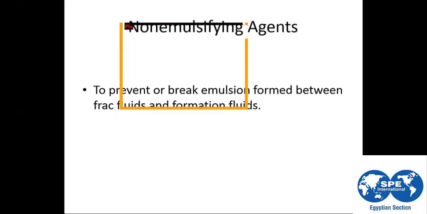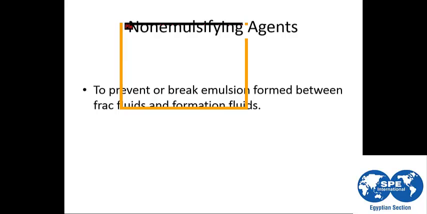We know that an emulsion has a higher viscosity than the two fluids participating in this emulsion. Which means if we have two fluids like oil and the frac fluid, both of them have a viscosity. If we create an emulsion between these two fluids, the resulting emulsion will have a viscosity higher than the highest value of the viscosity of any one of them. This means what?